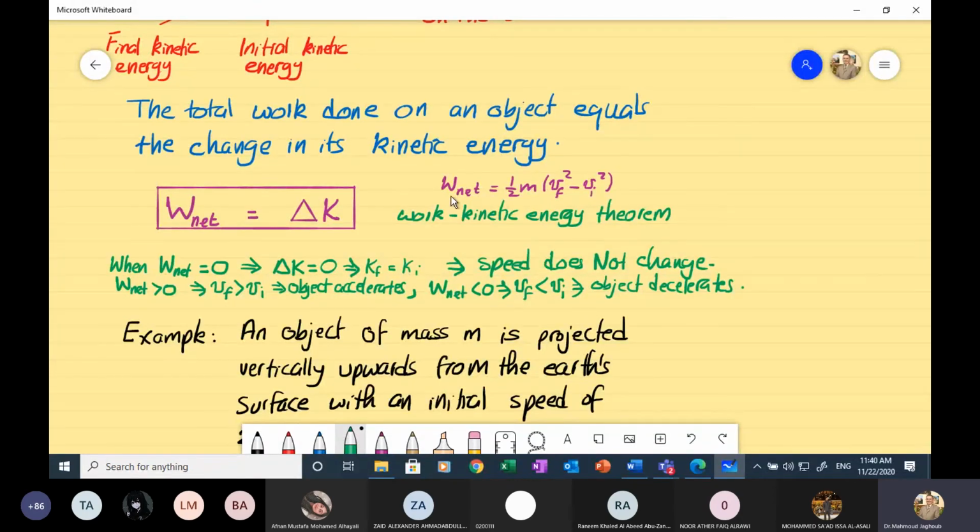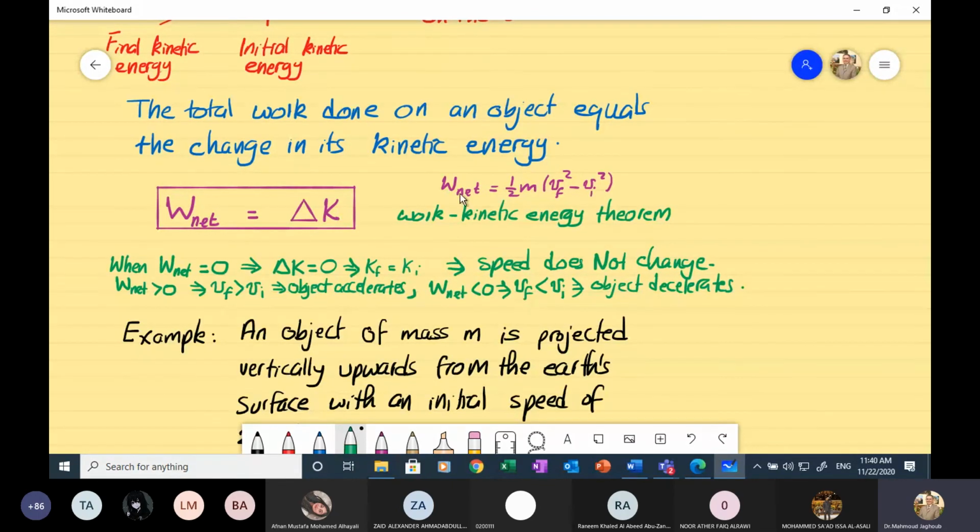This is the only way to get this to be positive. Which means the final speed is greater than the initial speed. Therefore, the object accelerates.